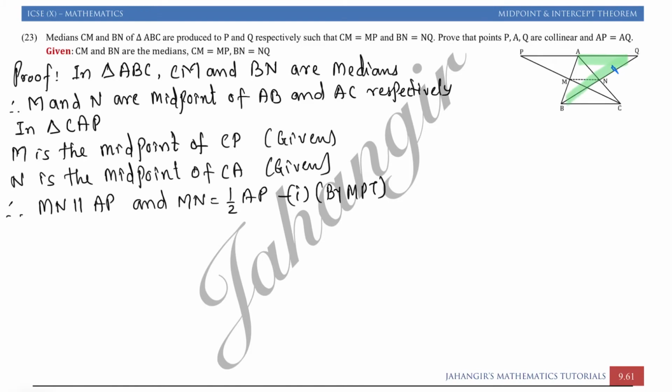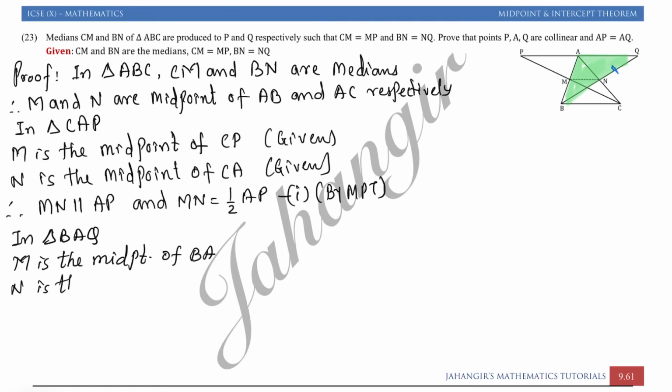Now we'll take another triangle, we can take another triangle as this triangle, triangle BAQ. In triangle BAQ, M is the midpoint of PA and N is the midpoint of BQ.